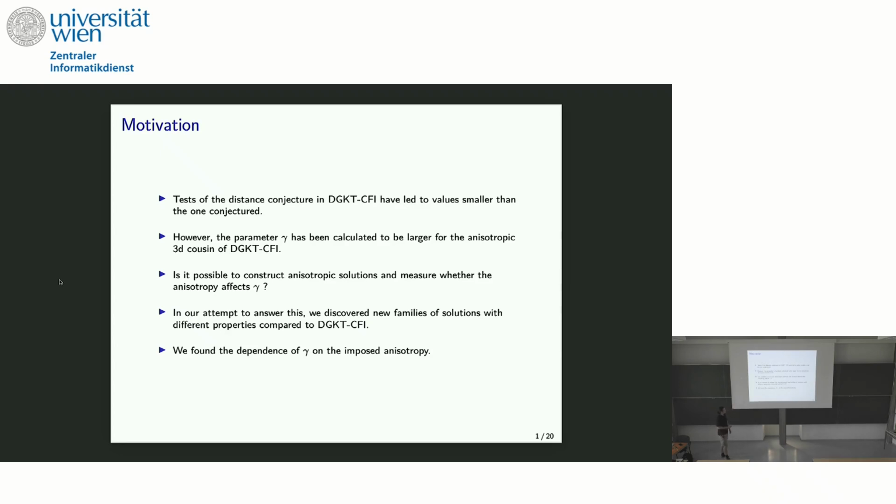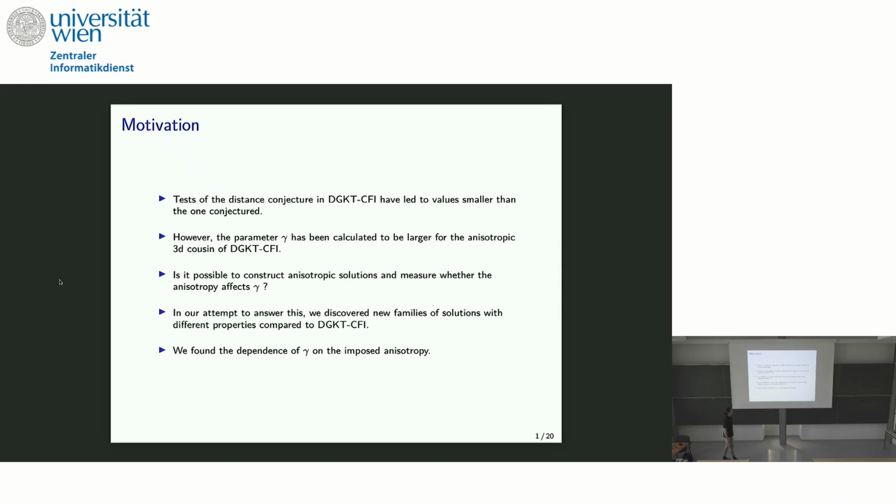However, we performed a similar calculation for these cousins of DGKT models, which are 3-dimensional, and we included an anisotropic internal space. And we found out that the gamma parameter was larger. It was not order 1, it was not even close to 0.7, but it was larger, okay?